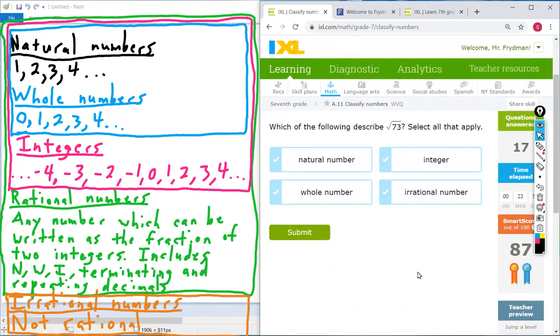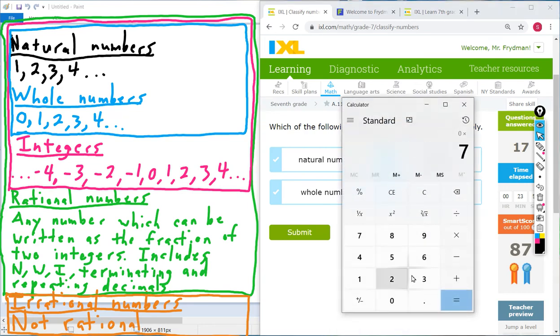Which of the following describe the square root of 73? Well, the square root of 73 is also going to be irrational. So I get this messy decimal here, and even though the calculator only goes up to a certain place, I can tell you that if the calculator could go on forever, then this number would go on forever and it would never repeat.